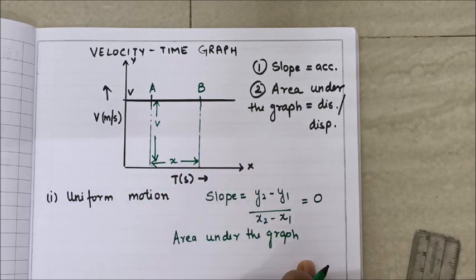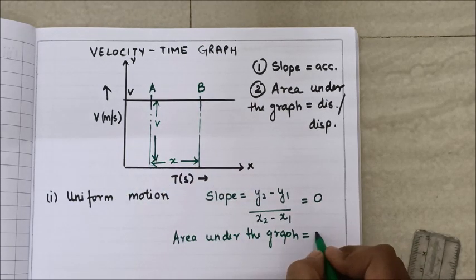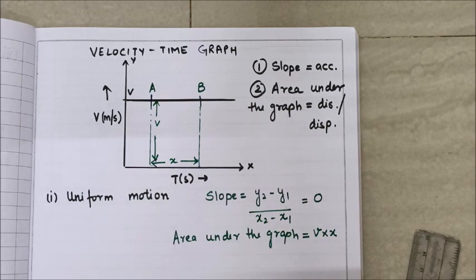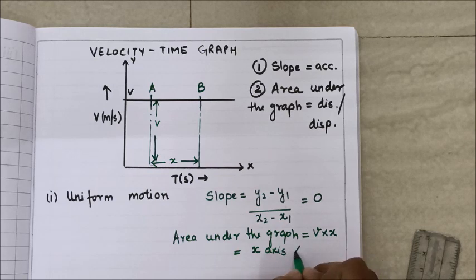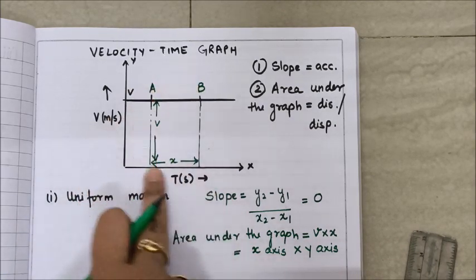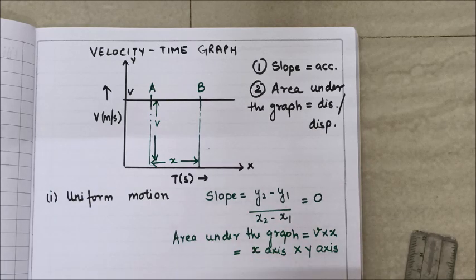So the area under the graph will be given by the formula of the rectangle, v multiplied by x, that is, the time interval on the x-axis multiplied by the velocity on the y-axis. That is how in this case we have a rectangular formula. If the graph is something else, then the formula will change according to the graph.